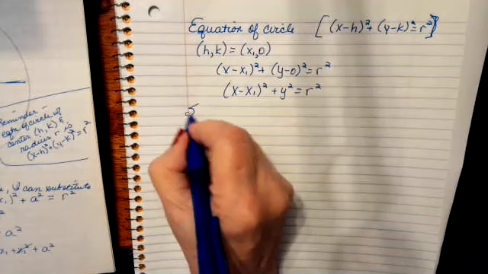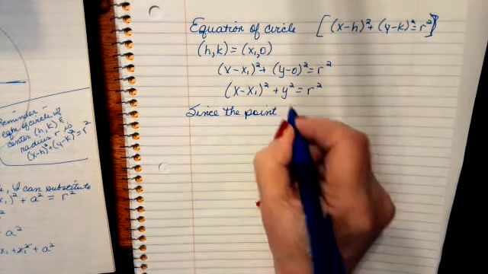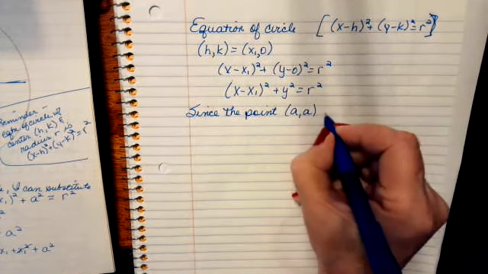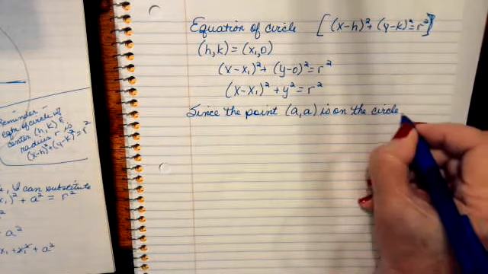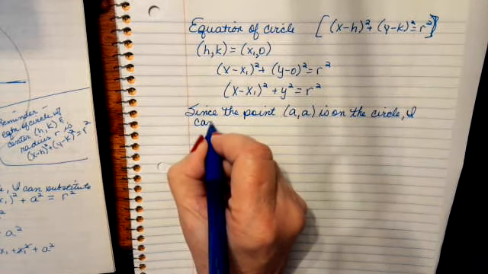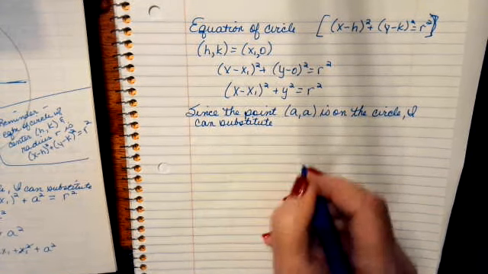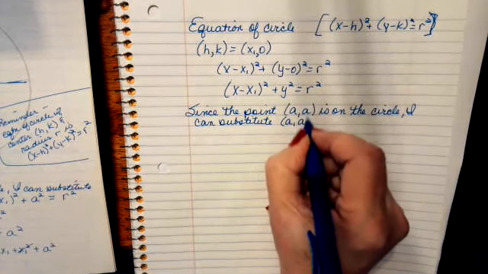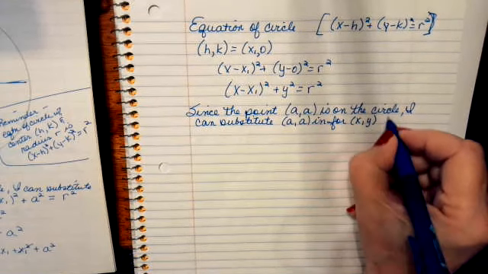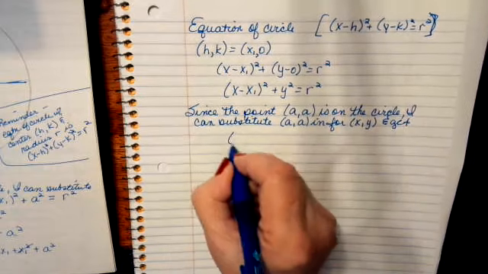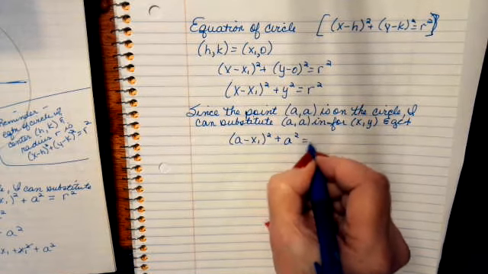Okay, so since the point (a, a) is on the circle, I can substitute a in for x and y and get (a - x1)^2 + a^2 = r^2.